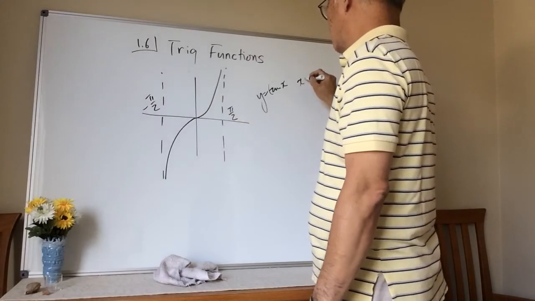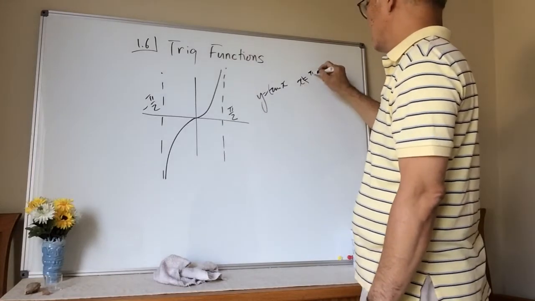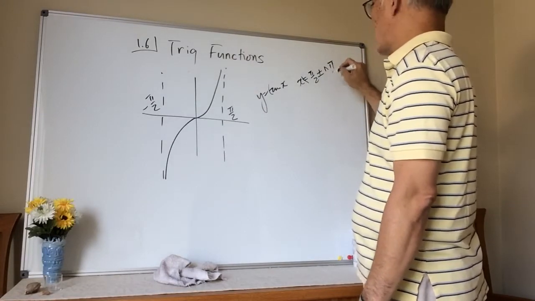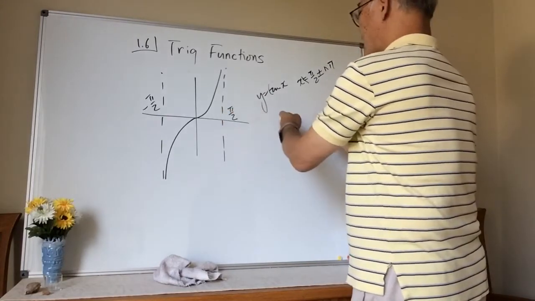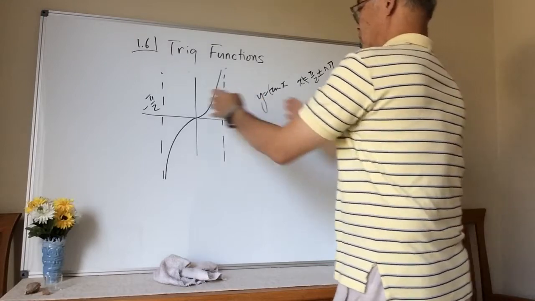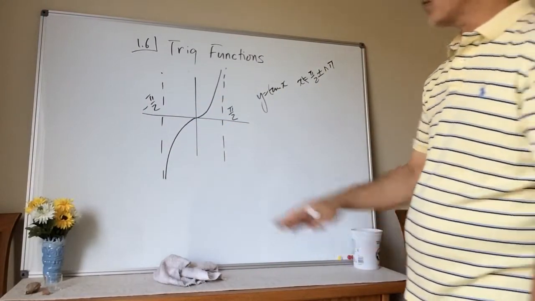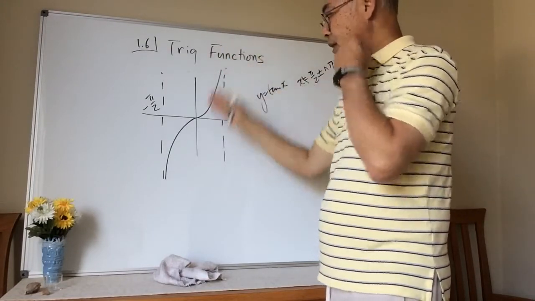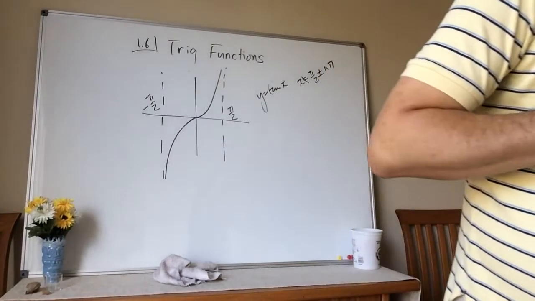X cannot be, because we have asymptotes here, right? The asymptotes are at pi over 2 plus or minus n pi. So every pi we're going to have an asymptote. So that's going to be the domain. The range is going to be all reals. It's going to go all the way up to positive infinity and down to negative infinity. Right? So that's what that looks like.